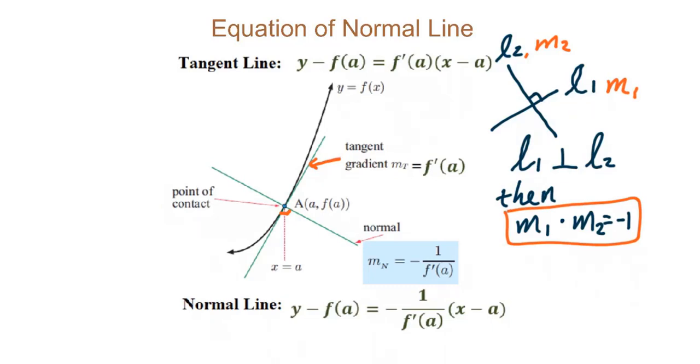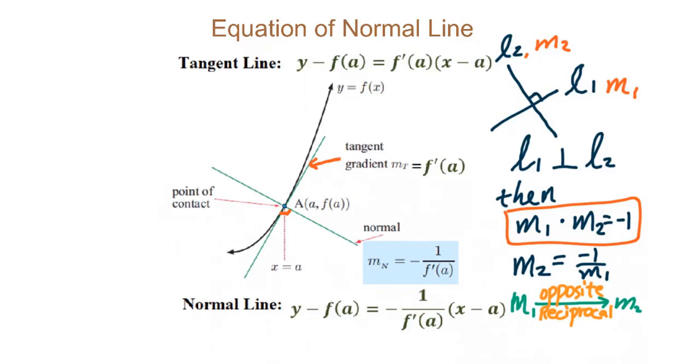In other words, I can get M2 equals -1 over M1. If you know the slope M1, then you do the opposite reciprocal, and you will get M2.